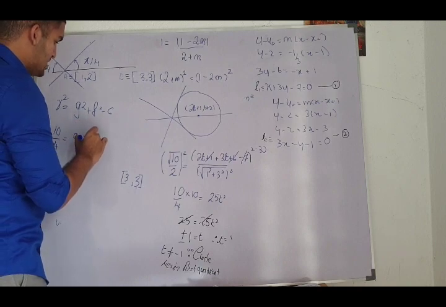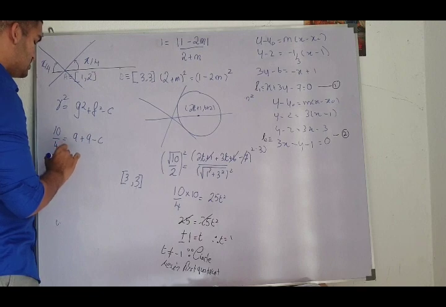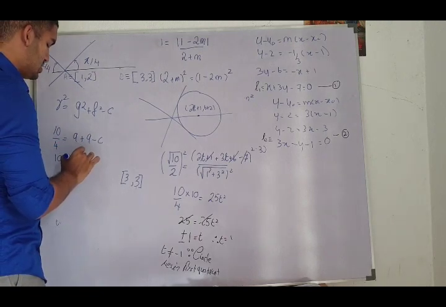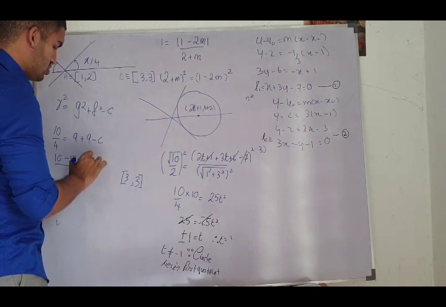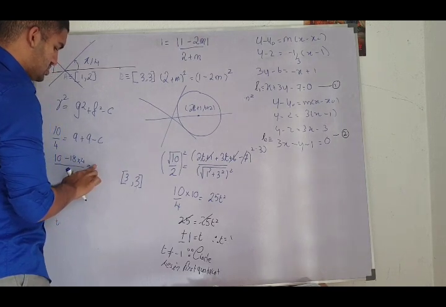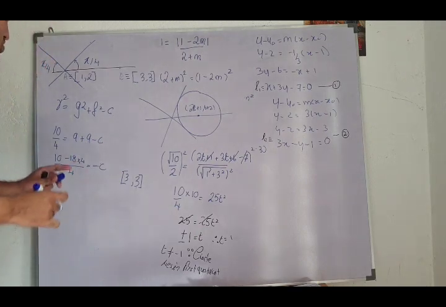This will also be 9 and this will be minus c. This is 18. 10 minus 18 into 4 divided by 4 equals minus c.